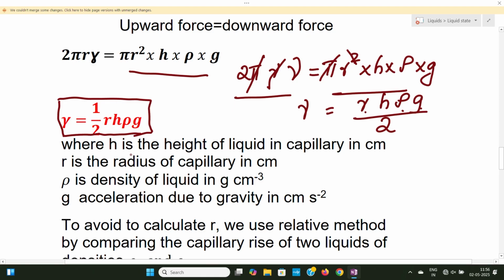Then we saw that to find the surface tension of a second liquid, if we know the surface tension of one liquid and all other parameters, and we discussed one problem in this module. I hope you understood the determination of surface tension by the capillary rise method.